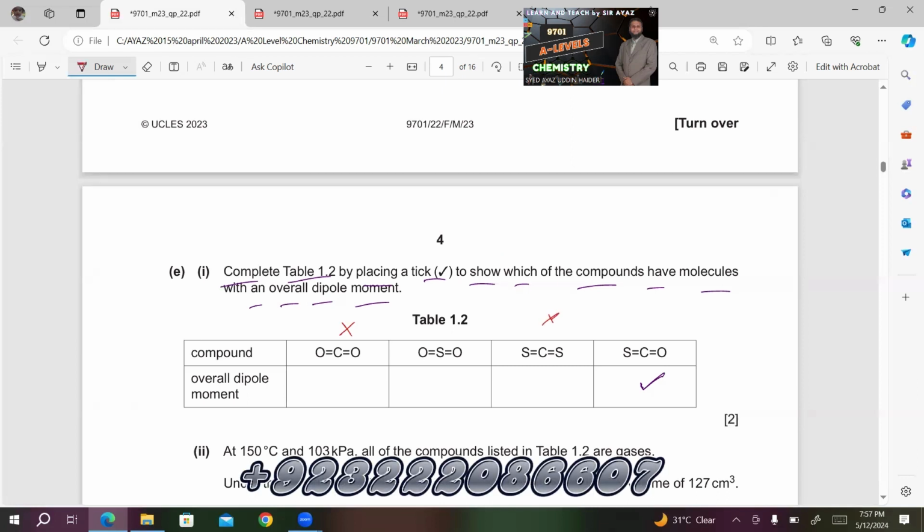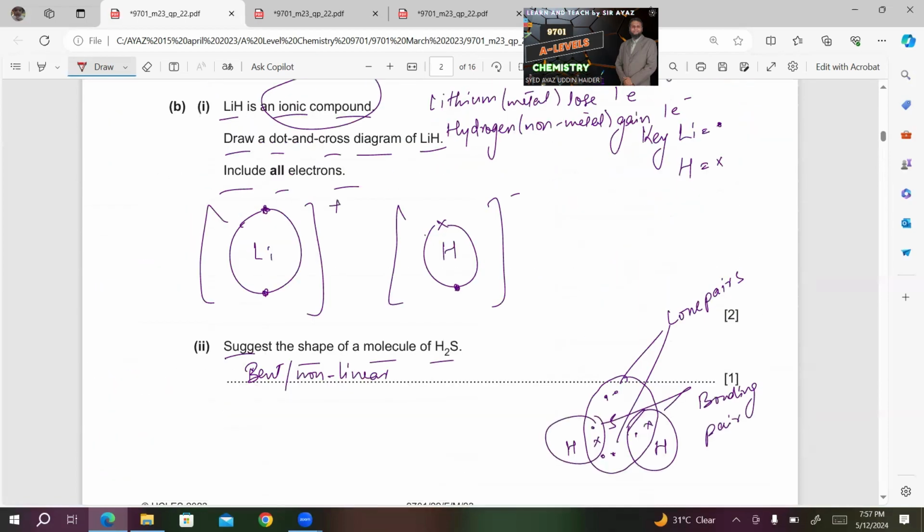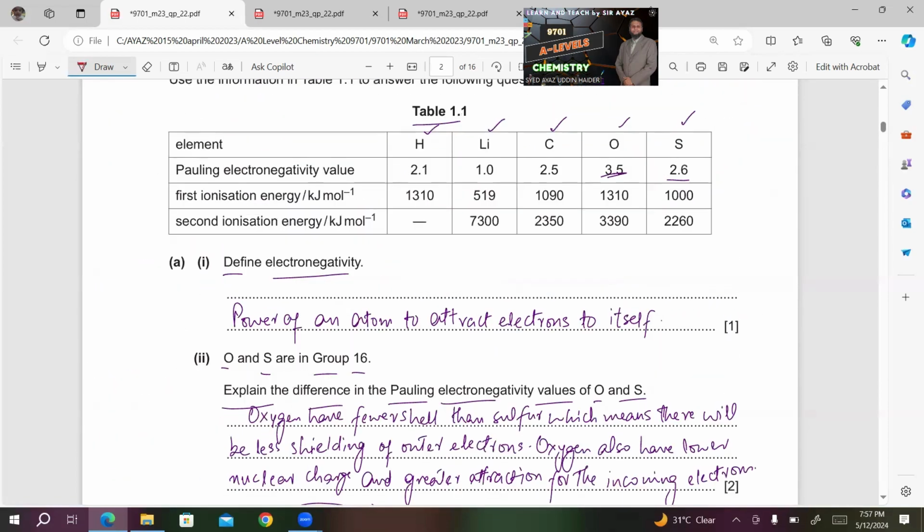What about SO2? Look at the electronegativity values, 3.5 and 2.6. There must be a dipole. The reason is that sulfur is large, in the third period, compared to oxygen.